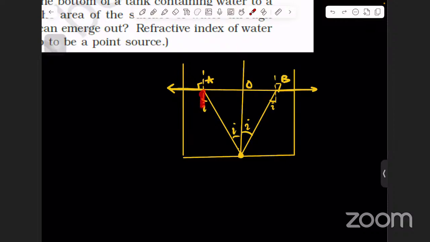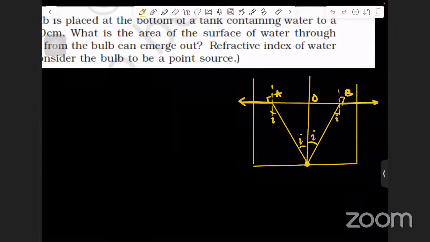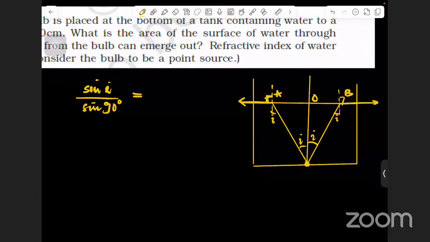First, let's apply Snell's law here to this interface, right? I say sine I upon sine 90 degrees, the angle of refraction here is 90 degrees, which equals the refractive index of air first above. So refractive index of air is 1 and refractive index of liquid, water, is given as 1.33, right?